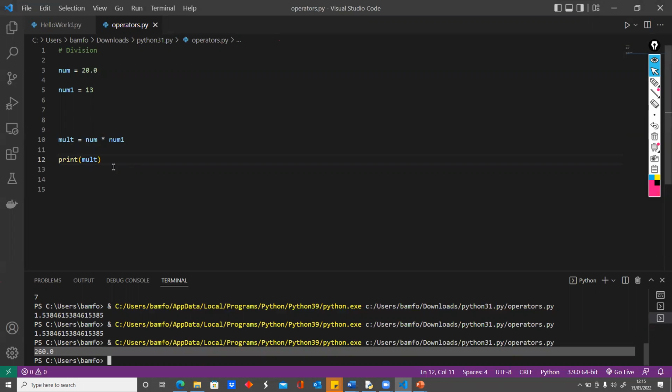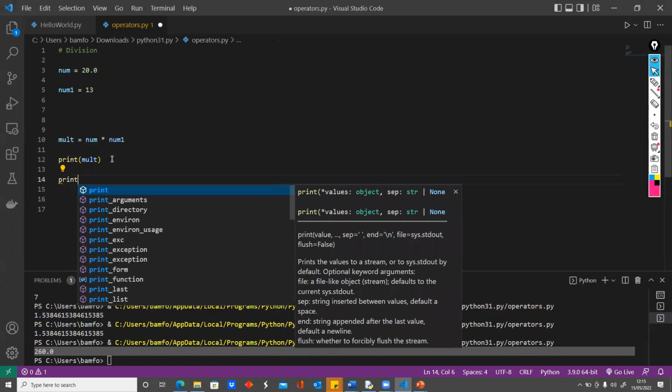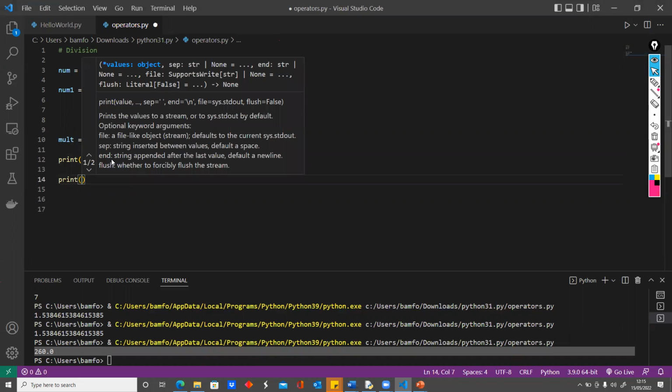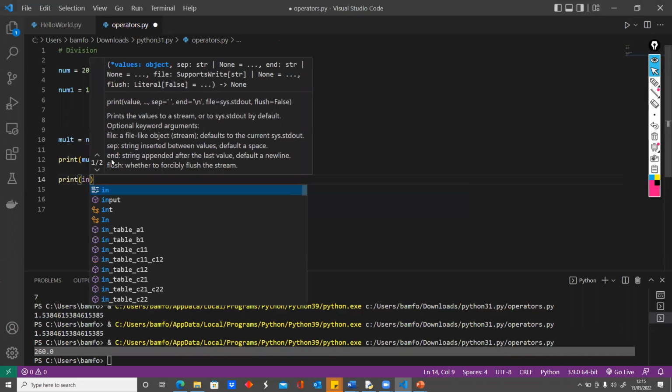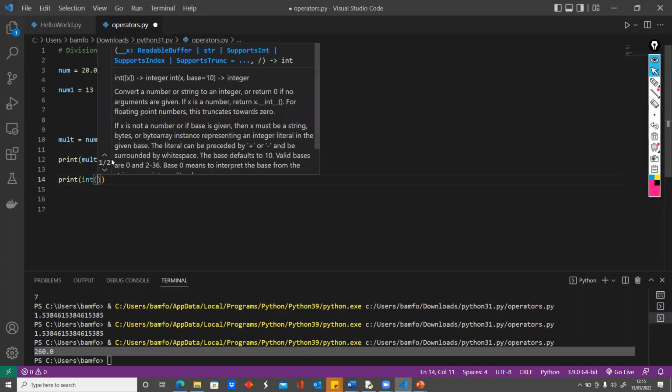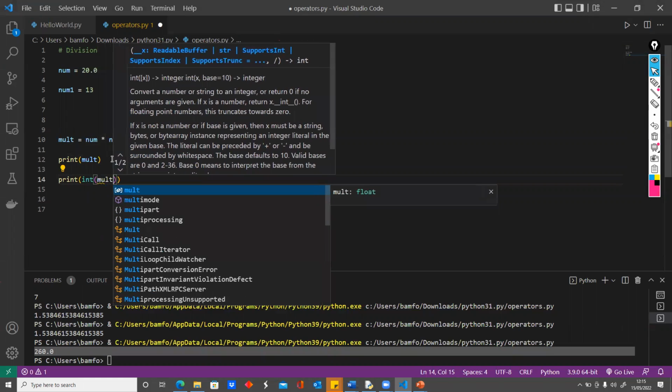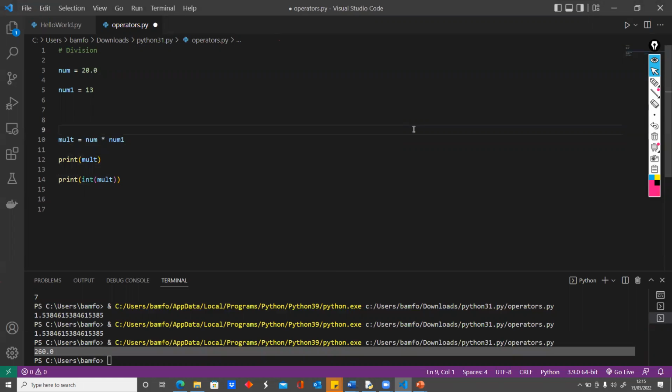But let's say we want to convert the float into an integer. You do typecasting. So you could say int, and then you wrap it around the value, because maybe you always want the value to be an integer. Let me put this here: value after conversion.